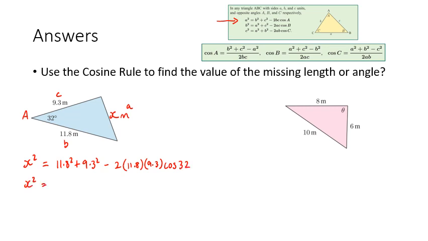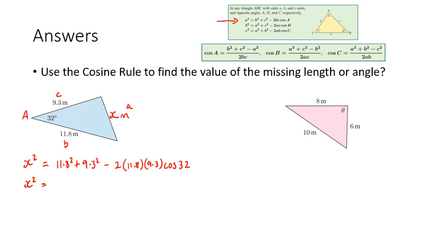Now, if we put all that into a calculator, 11.8 squared plus 9.3 squared, take 2 times 11.8 times 9.3 times cosine of 32, close bracket.